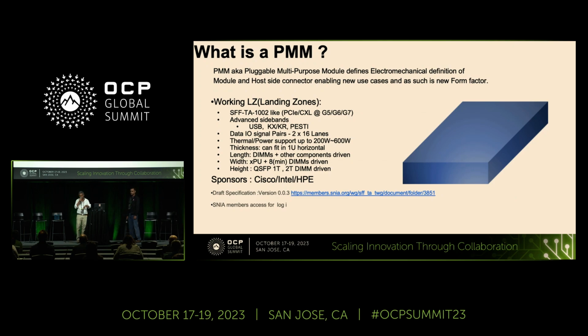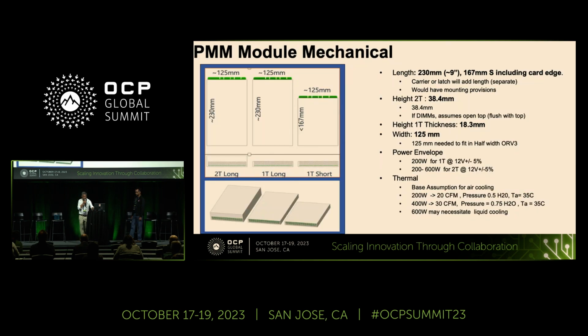So given all these, the connector footprints, the ASIC footprint, and the standard DIMMs, we came up with a certain formula for the volumetric space required, which can address the next generation of the form factor or the requirements for that. With that, these are the form factors. We have defined 3 form factors.